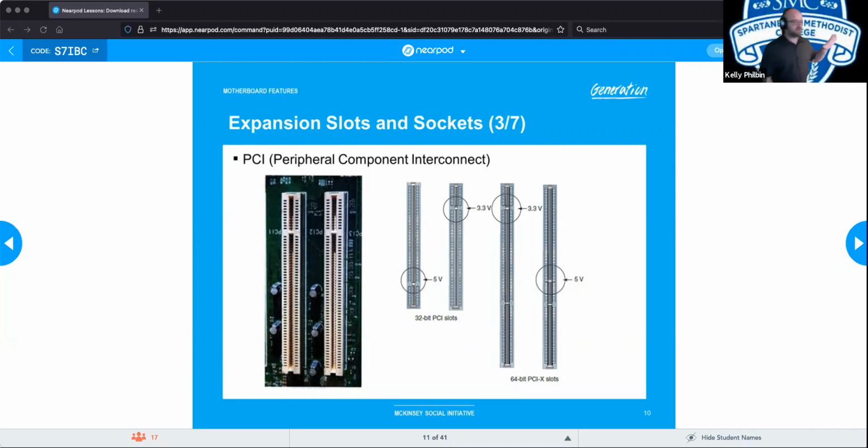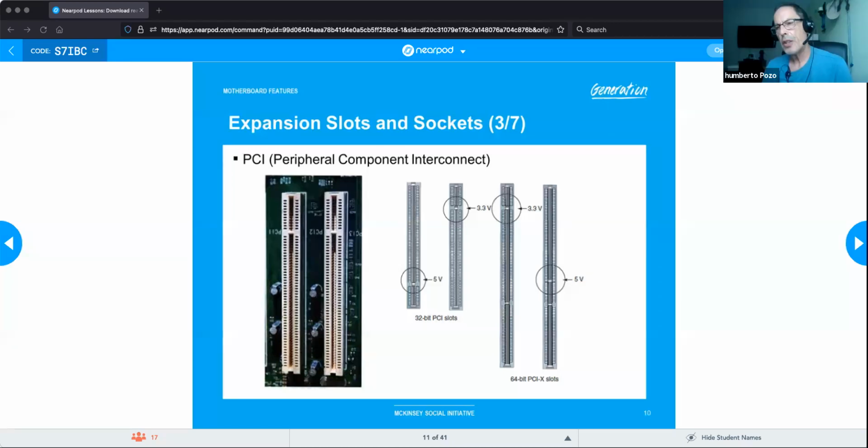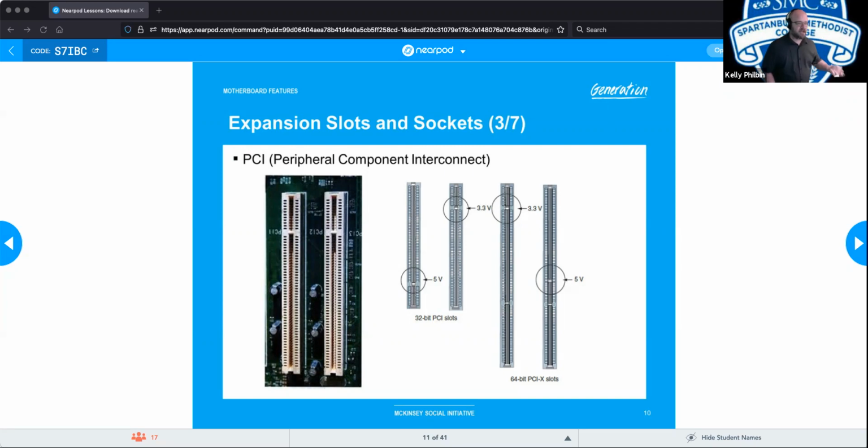Well, first, who wants to tell me how many voltages are inside the computer? There are 5. What are they? Go ahead and throw them in chat if we got them. 3.3, plus 5, minus 5, plus or minus 12. So various components have a need to operate, how much voltage they need to be able to operate. It is their power requirements. As we progress in technology, one of the beautiful things that happened, as we talked about Moore's law a little while ago, is that the speed doubles, the power requirements start to go down, as well as the cost.